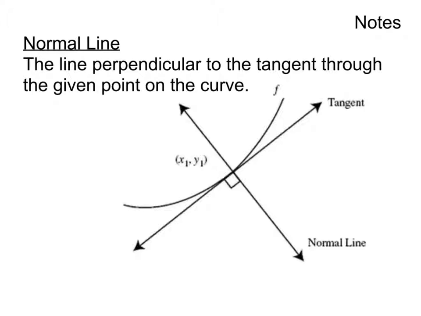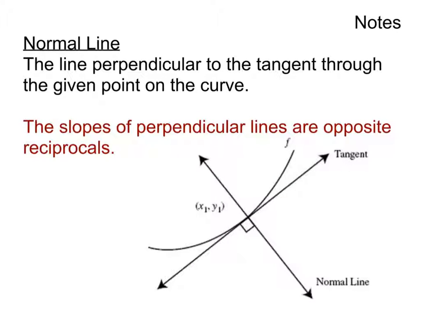Now, we know how to find the slope of the tangent line, which you can actually see drawn on here as the tangent, right? Notice that the tangent and the normal line are always perpendicular to each other. Well, how are the slopes of perpendicular lines related? Yeah, so perpendicular lines always have slopes that are opposite reciprocals of each other.